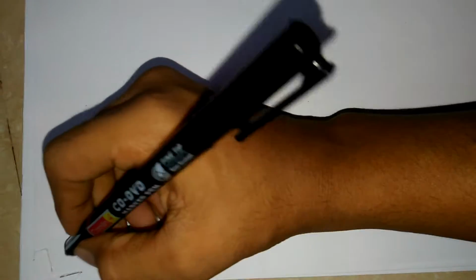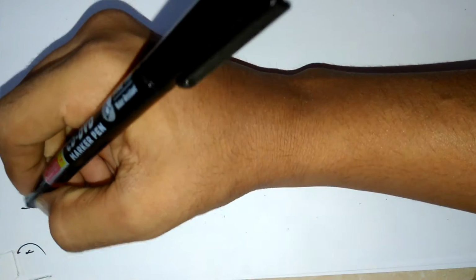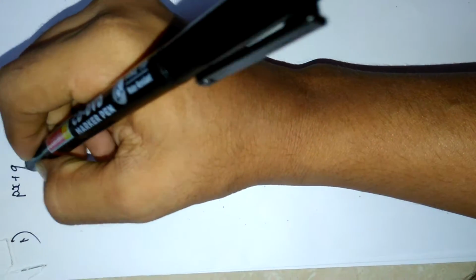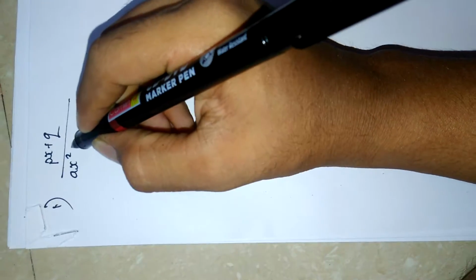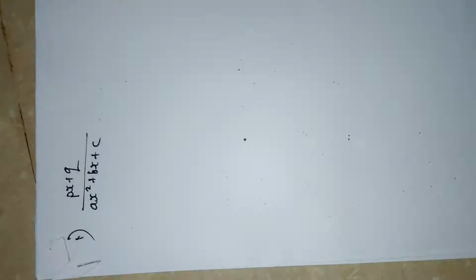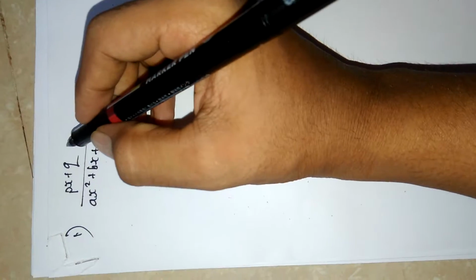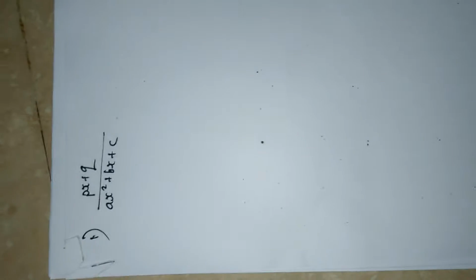The next type of shortcut I am going to show you is for a linear upon a quadratic equation. Whenever you see an equation with a linear upon quadratic, it is a very tough sum to solve. This would go for 2 or 3 pages minimum.